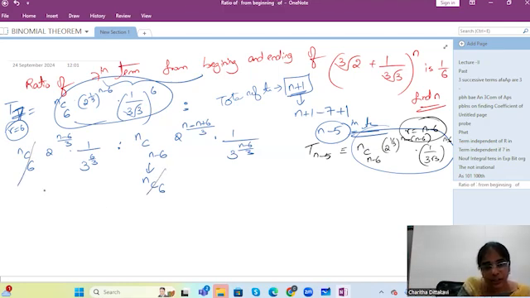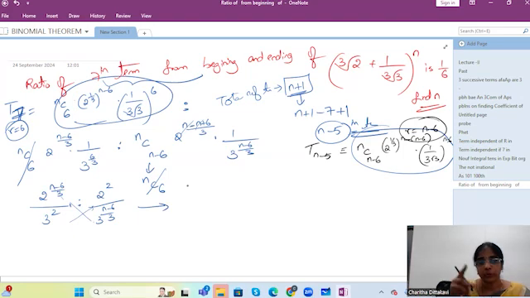Now, observe carefully. I am left with 2 to the power (n minus 6) by 3 over 3 to the power (n minus 6) by 3, which is 2 by 3 to the power (n minus 6) by 3. Now I am taking a cross multiplication for the ratio. 2 to the power same with 3 to the power same number means 6 to the power (n minus 6) by 3, and 2 squared into 3 squared is 6 squared.